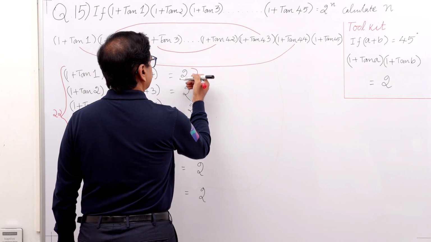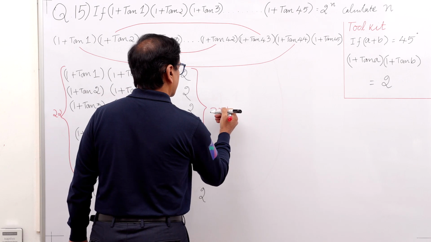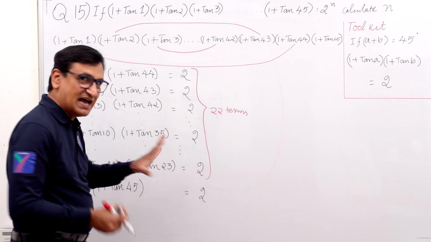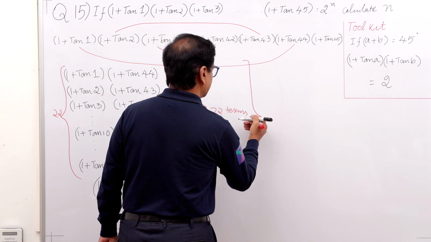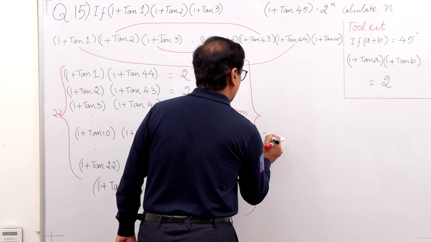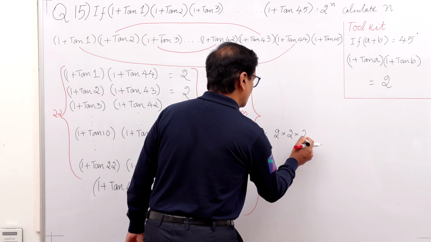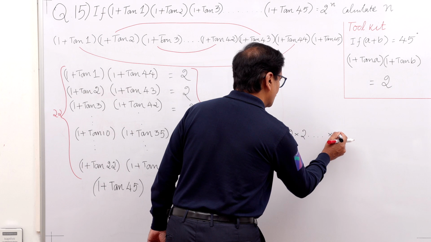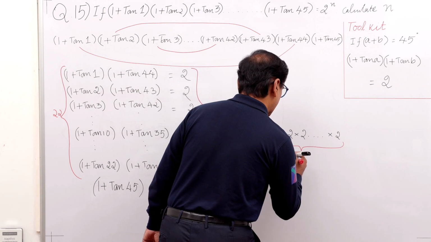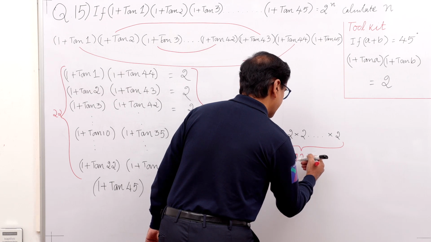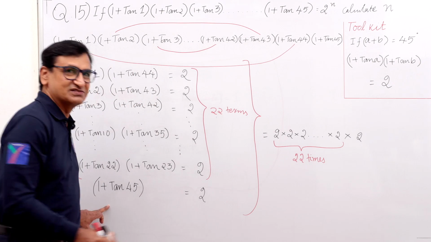Now, this is 22 terms. So this entire product equals 2 multiplied by 2 multiplied by 2 and so on, 22 times. Again, finally, one more 2, because that will be 1 + tan 45.